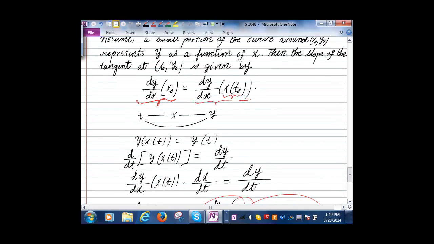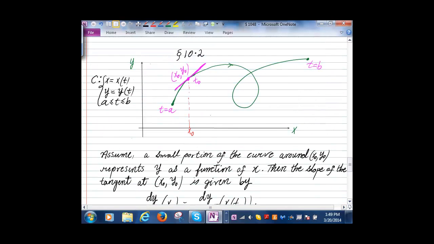What we are saying then is, because I am viewing y as a function of x now, imagine that you can express y in terms of a formula in x, right? So I know that I already have y as a formula in terms of t, right? Because the curve is y of t. So I have a formula for y in terms of t already.